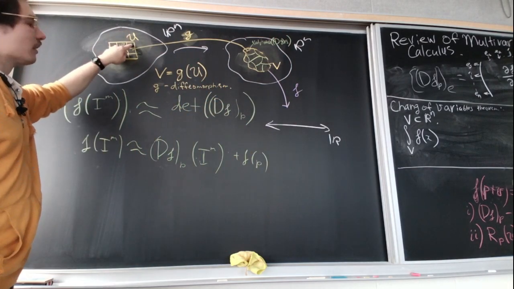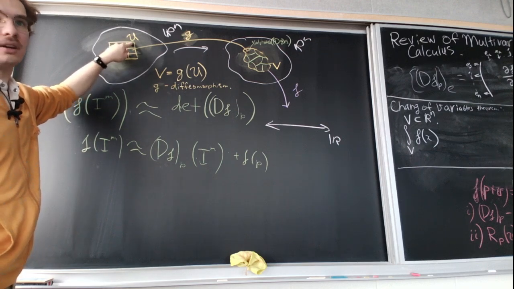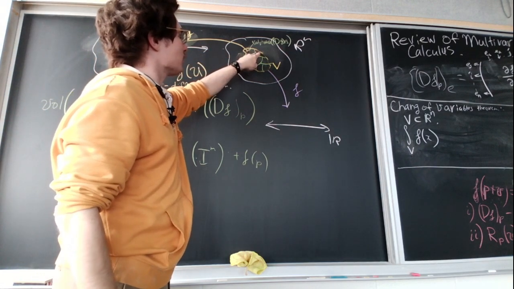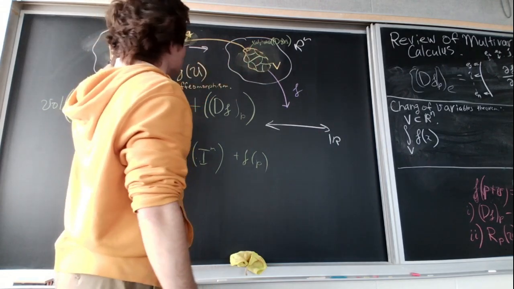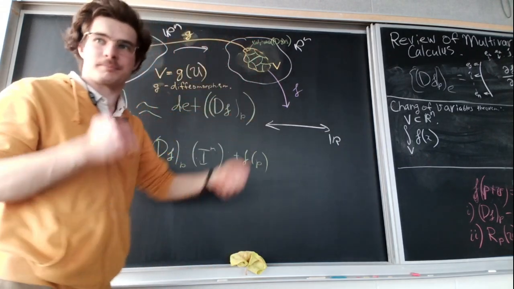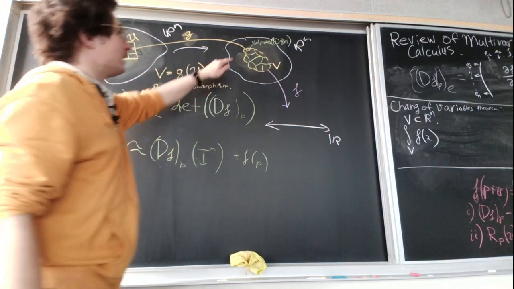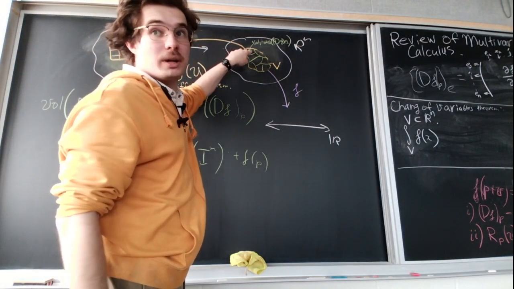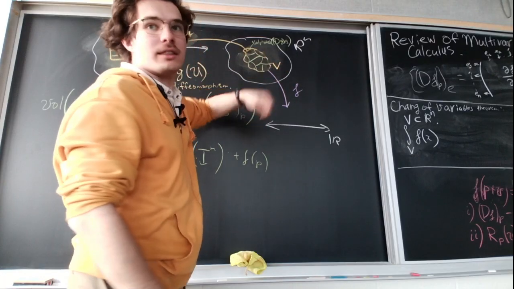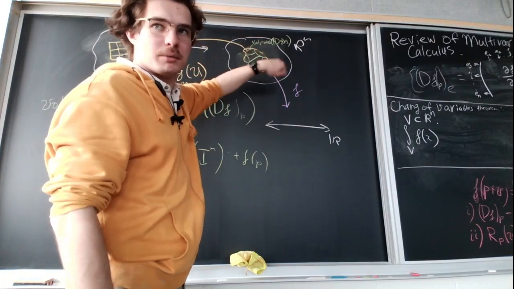Then I look at the volume of this cube and take some point here. The volume of this cube that's mapped here is going to be the volume of this cube times the determinant at this other point in that cube. And so on and so forth. And now I know the volume of this cube. I multiply that by the value of f here, and then add all of that up.